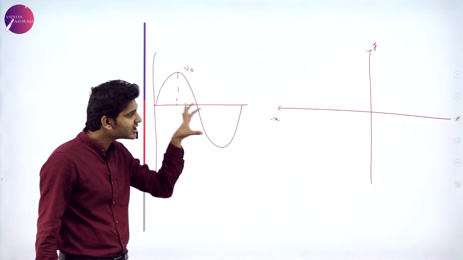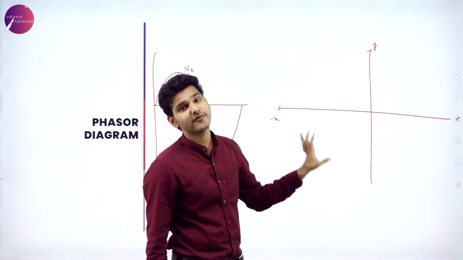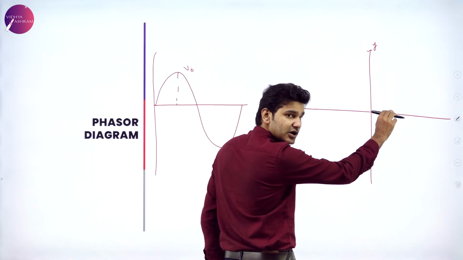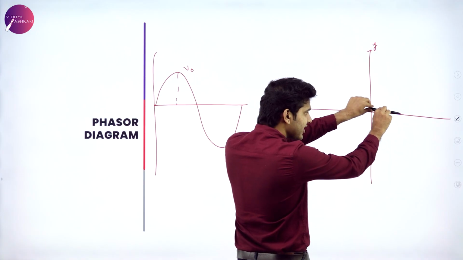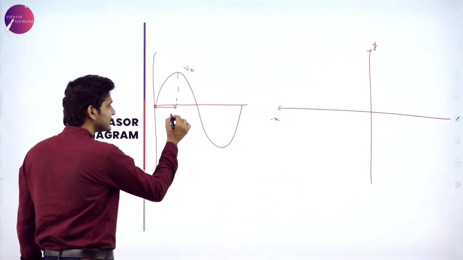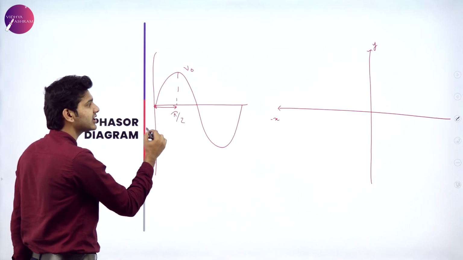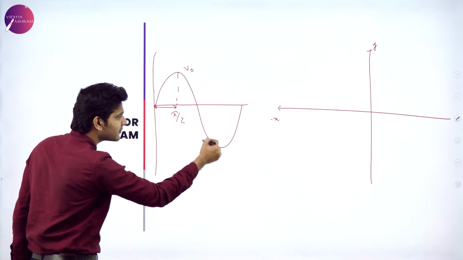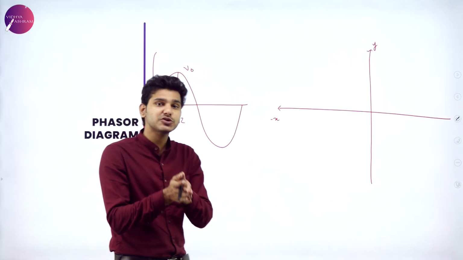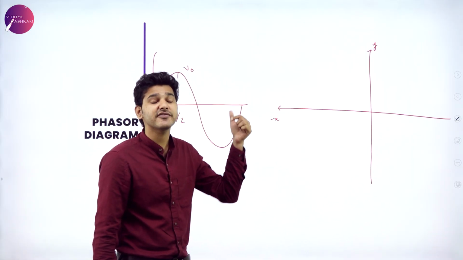Now instead of doing this, we are going to represent the graph as a rotating vector graph or simply a phasor diagram. So we can take this graph and say that if voltage moved a certain step, let's say at pi by 2 it is indicated like this, or after one complete cycle it is represented like this, like a wave, we can use a rotating phasor diagram to represent the same graph in a different way.